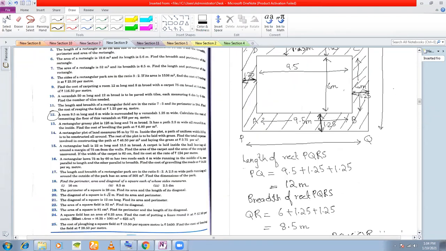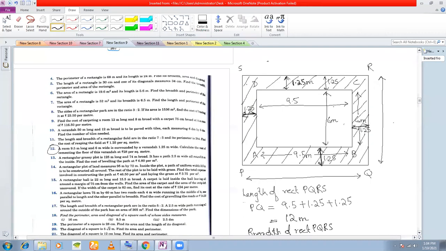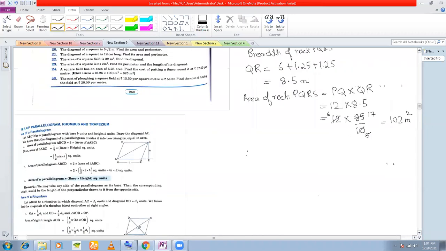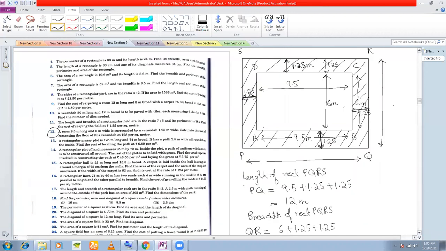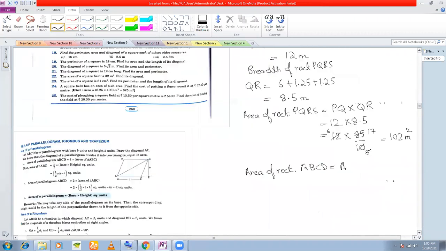Next, we have found the area of the bigger rectangle. Next, let us find out the area of the smaller rectangle, which is very easy because the length and breadth are given. The area of the smaller rectangle ABCD, which is your room, is AB into BC, length into breadth.